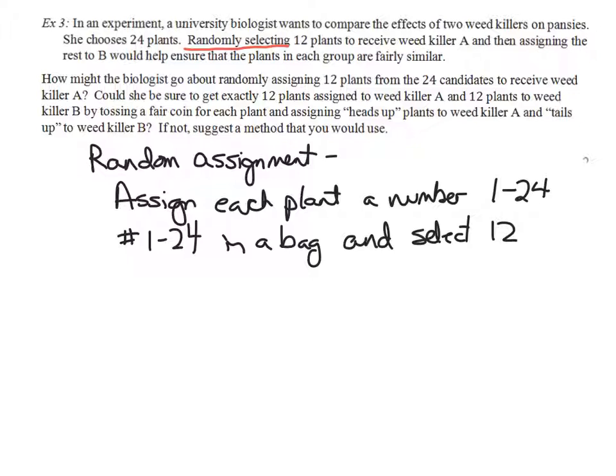That way, we are sure that we're going to get 12 plants that are going to be given weed killer A, and then the ones that aren't selected will be given weed killer B. So this would be a good way of coming up with random assignment of the plants into the 2 groups.